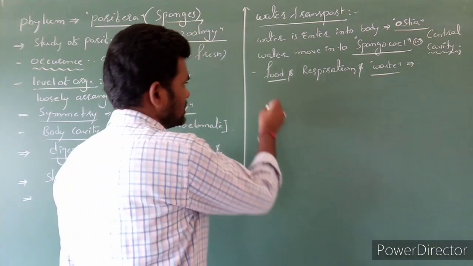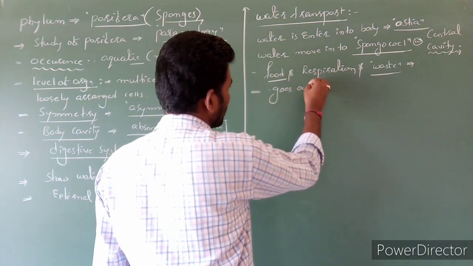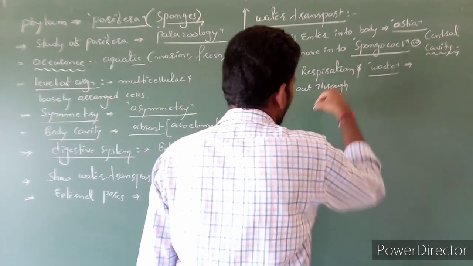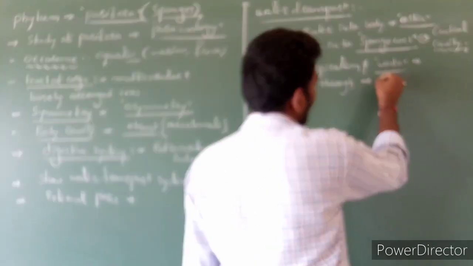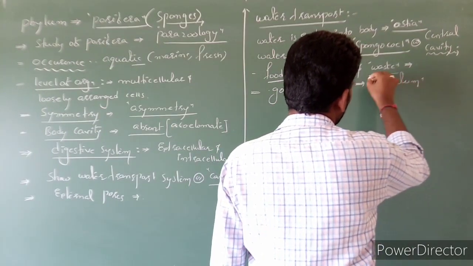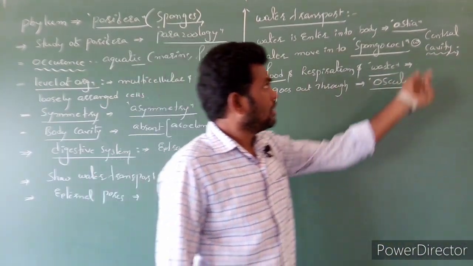Clear? Next, these waste molecules go out through an external pore, which is called the osculum. Very simple.